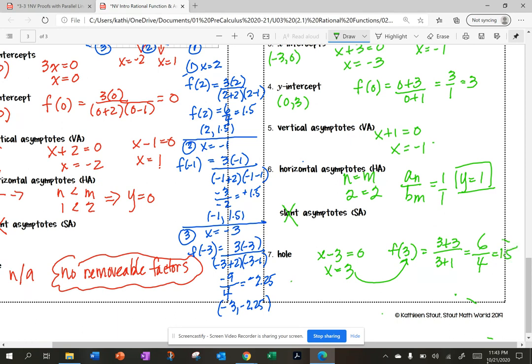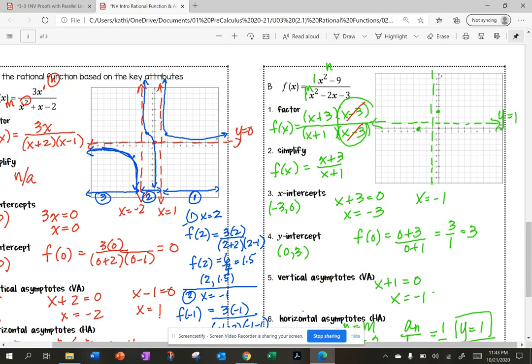So my hole is at (3, 1.5). So let's go put that in there. So at (3, 1.5), I'm going to draw a hole.